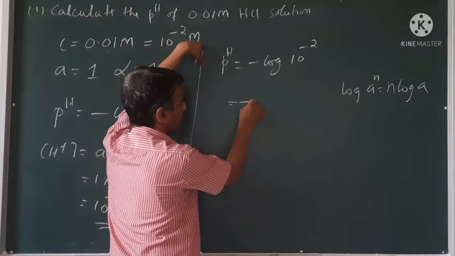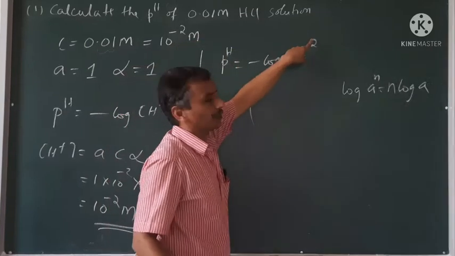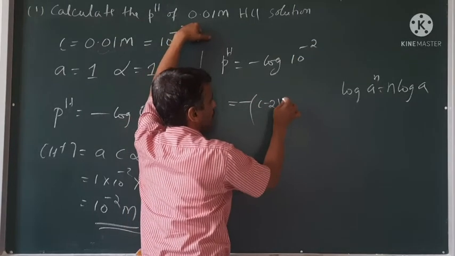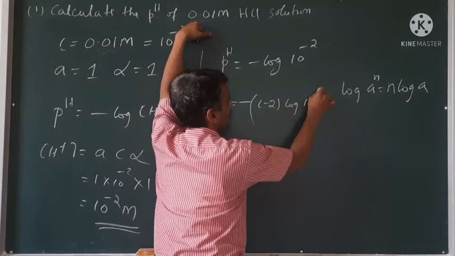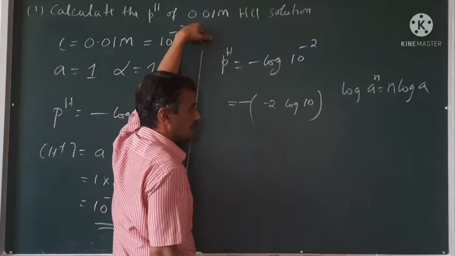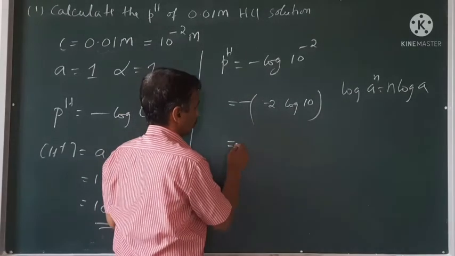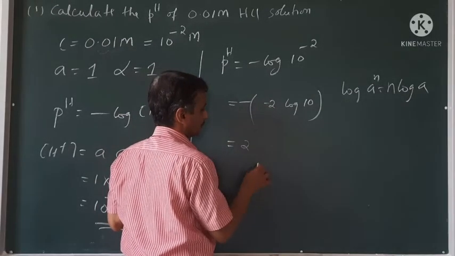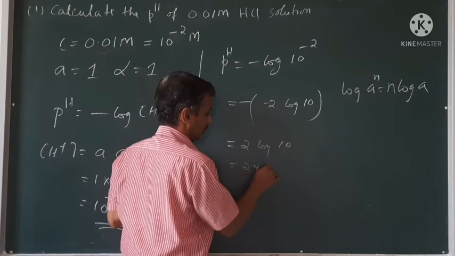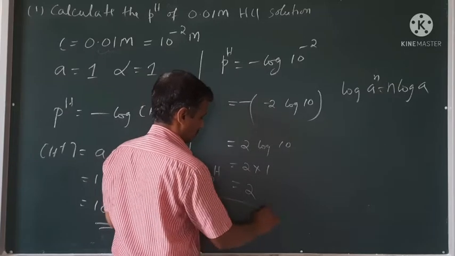It is equal to minus, n is minus 2, so minus 2 log 10. And log 10 is 1. So minus of minus 2 is plus 2 log 10. Log 10 is 1, so 2 into 1 is equal to 2. The pH is 2.